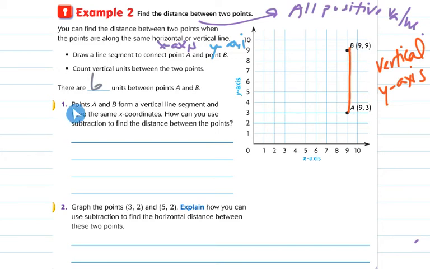Number 1, points A and B form a vertical line segment and have the same x coordinates. You can see that they're both 9 on the x coordinate. How can you use subtraction to find the distance between the points?